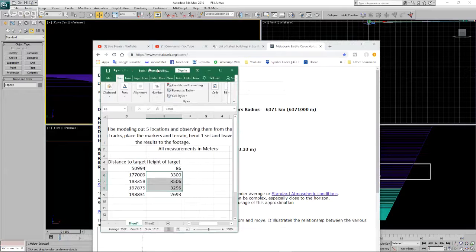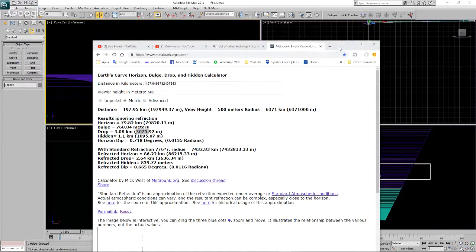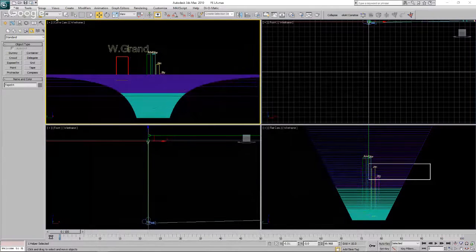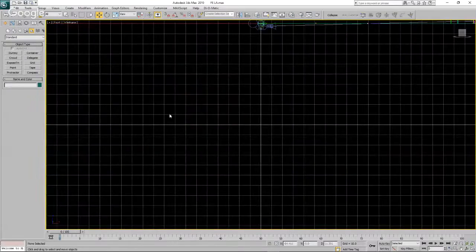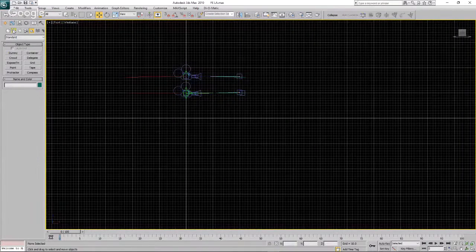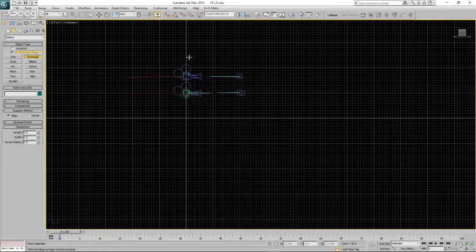But just to show you that my model represents that, all I have to do is take this, go to front, and then I'm going to make sure I have a horizontal line.